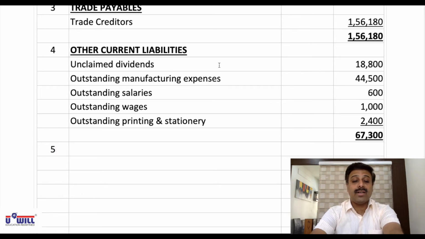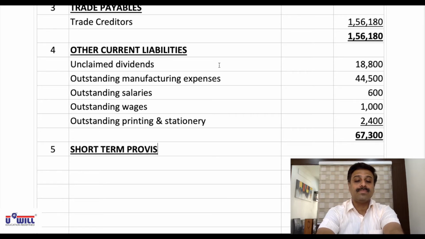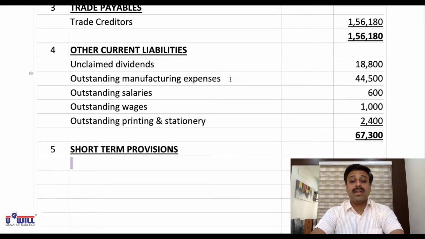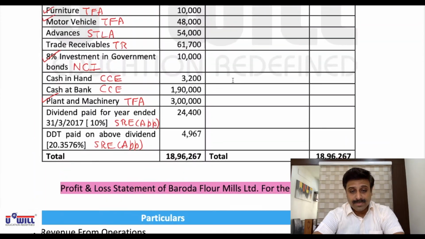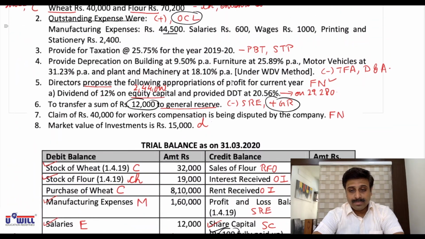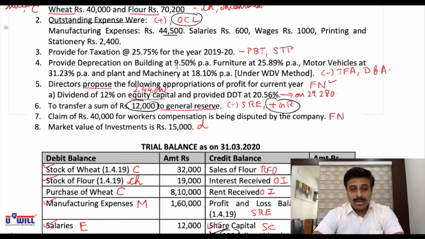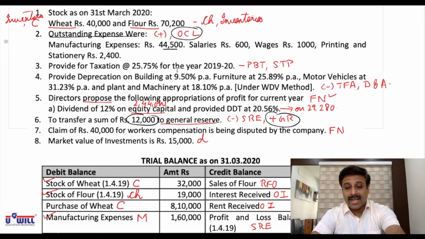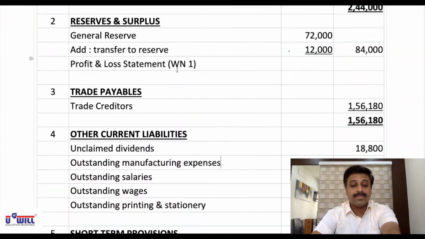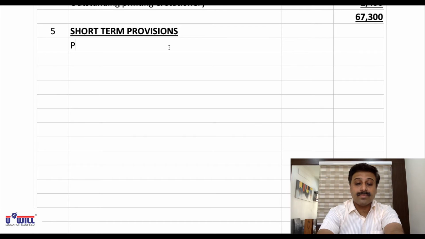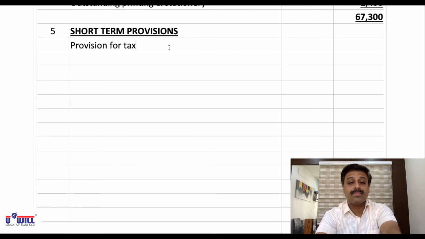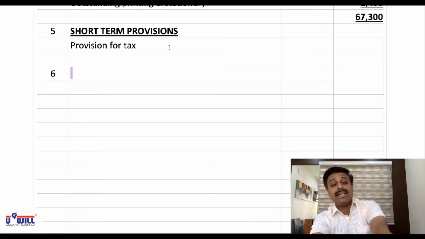Then fifth, after other current liabilities, short-term provisions. Now what will we have in short-term provisions? Provision for tax. Okay, provision for tax will come in short-term provisions. Amount we don't know, amount we have to keep pending because that will come to know only after we make profit and loss statement. So liabilities are all done.